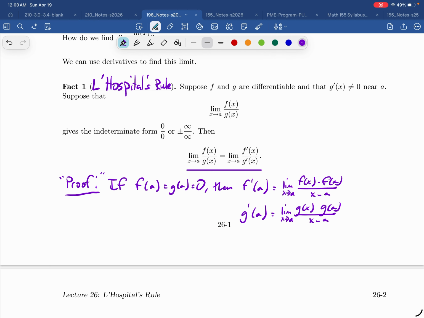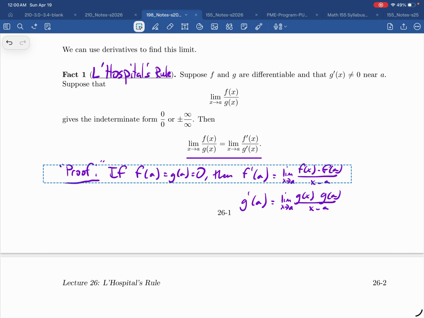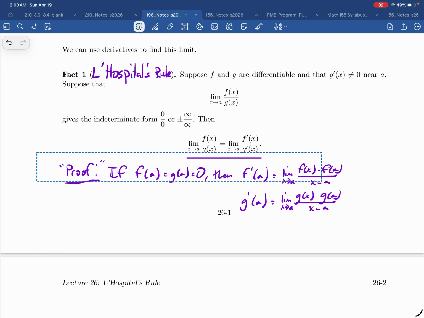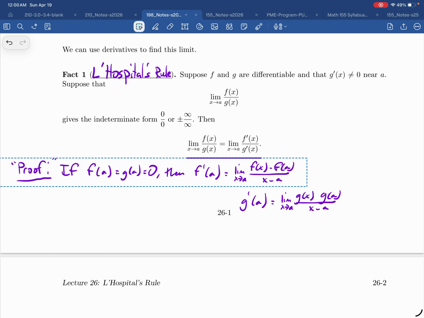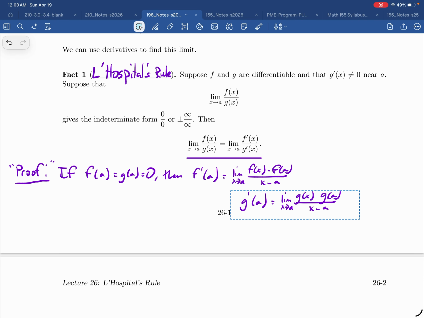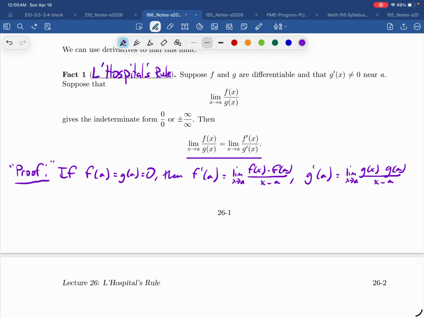So we have that. Actually, let me go ahead and move this proof over here.